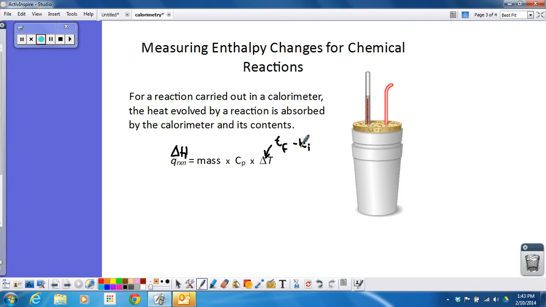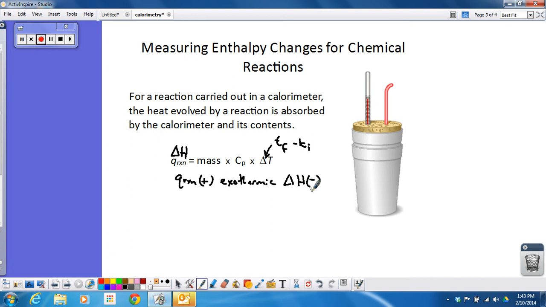Final minus initial. So if we think about this, if I have an exothermic reaction, T final minus T initial is going to be a positive number. So when Q reaction is positive, that is exothermic. If I have an exothermic reaction, delta H is negative.